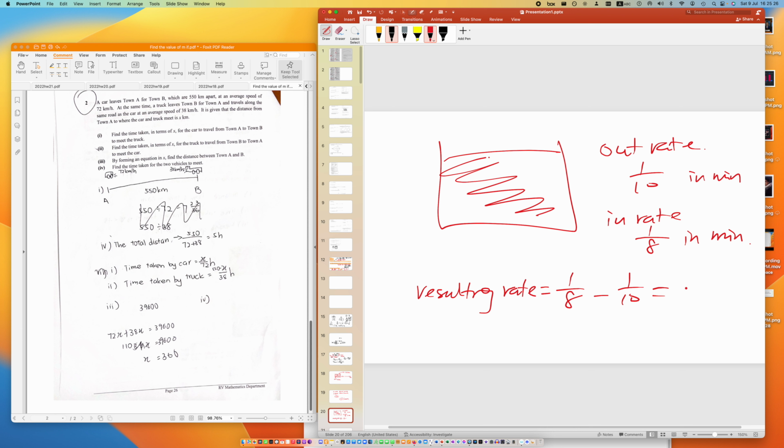It's 1/40. Okay, good. So this is the resulting rate. Then what I say, if Eric forgets to plug, meaning let it empty. How long will it take to fill up to its maximum if the plug is removed?